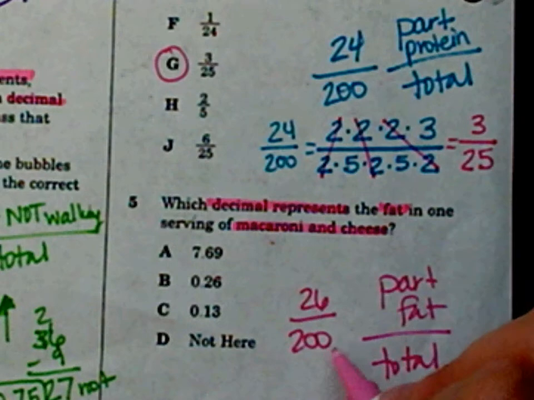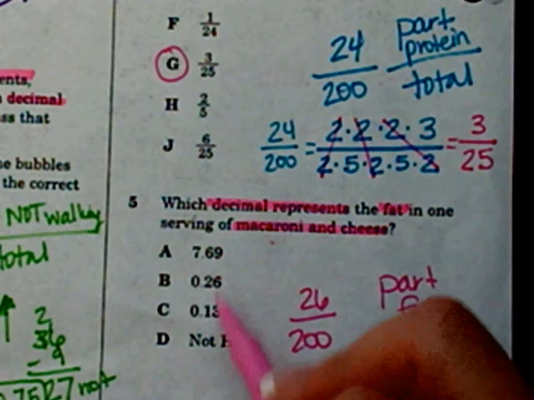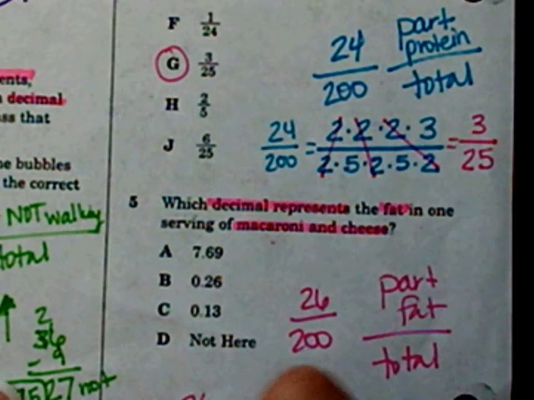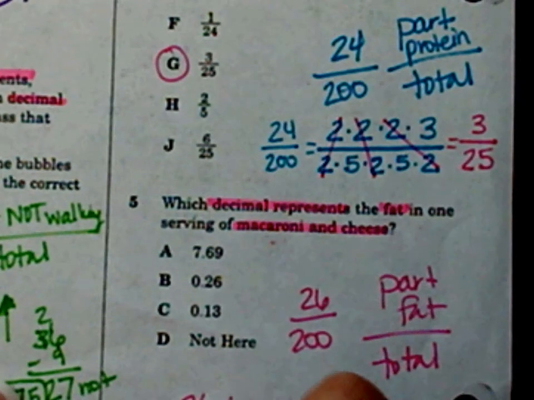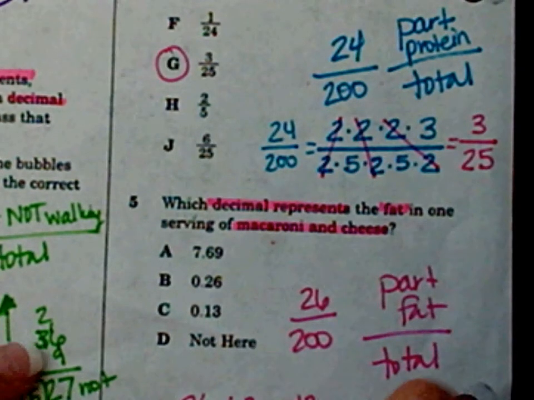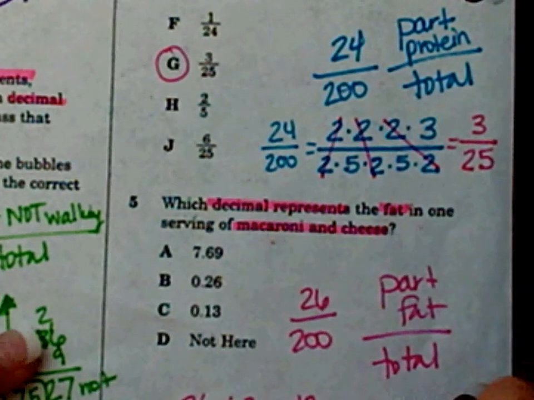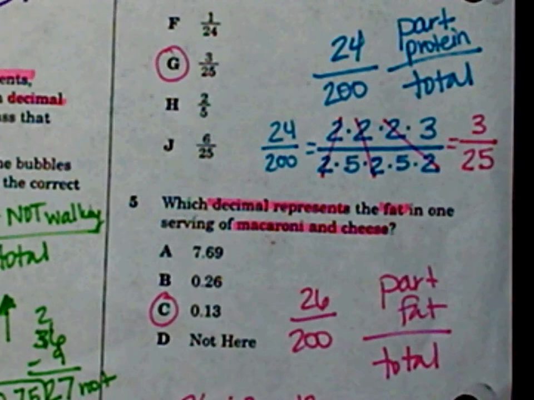Well, I either need to go up to 1,000 or down to 100, and these are in the hundreds. So it's pretty easy to go down to 100. Because I'm at 200, I just divide it by 2, divide it by 2, 13 hundredths. Now that it's called hundredths, I can easily transfer that into a decimal, and I'm done.